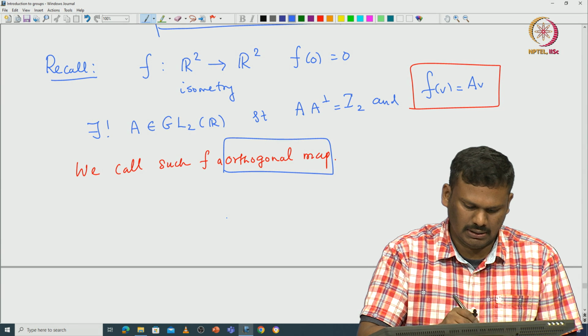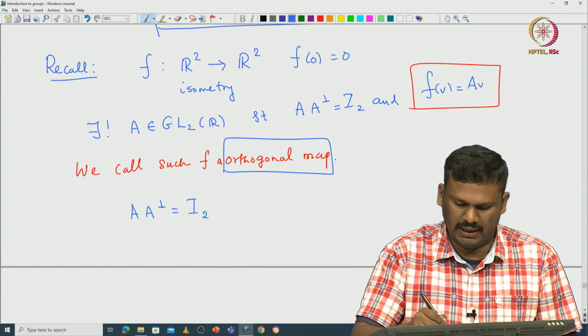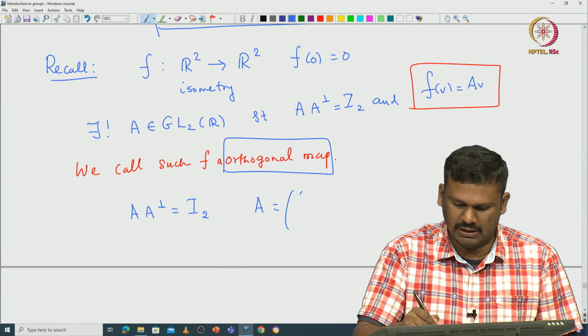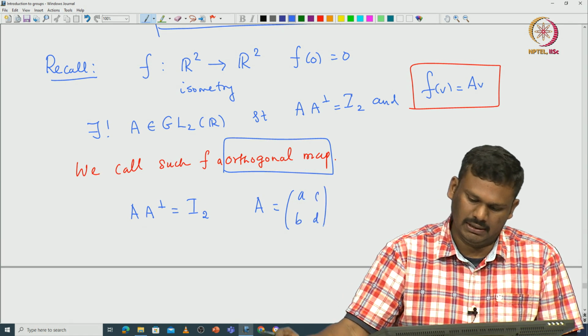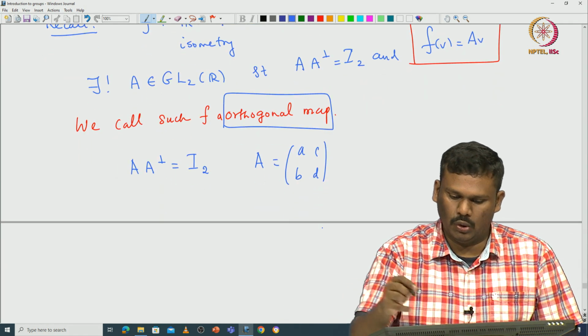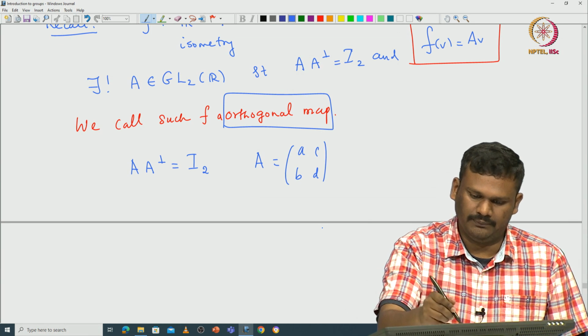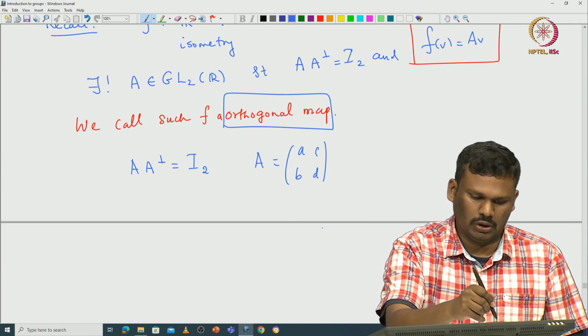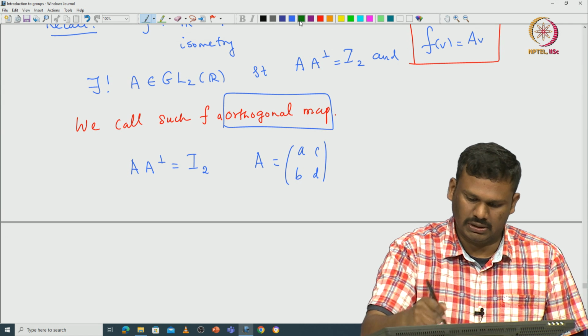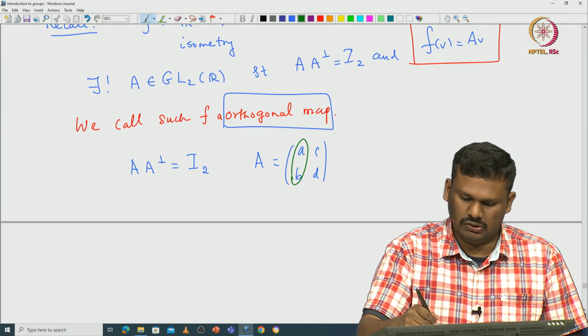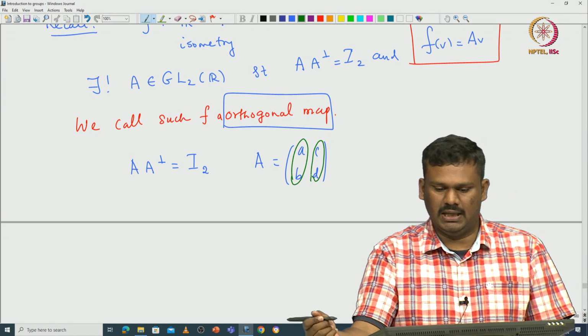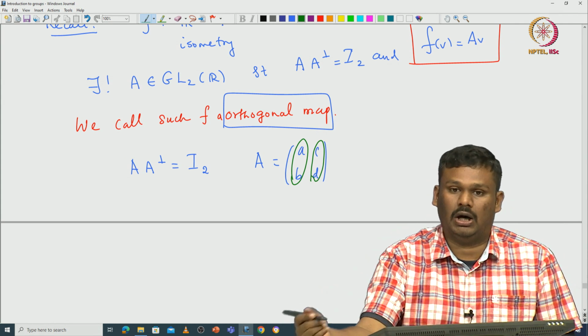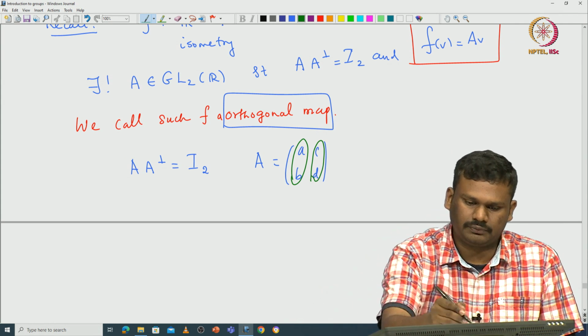So take A transpose A equal to identity. We already know that if you write A as (a b; c d), then these columns must be orthonormal vectors. That is what we already observed. So these a, b and c, d form orthonormal vectors in R2.